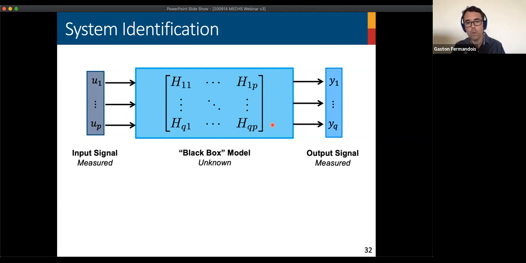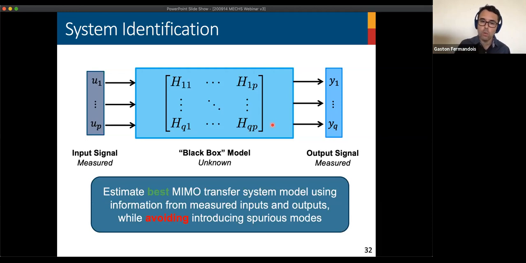So we have an input signal that is measured. We collect data from the measurements of our system, and then we create a black box model where the parameters are obtained through an optimization procedure in order to get a good estimate of the outputs given the inputs. So we try to estimate the best MIMO transfer system using this information while avoiding spurious modes.